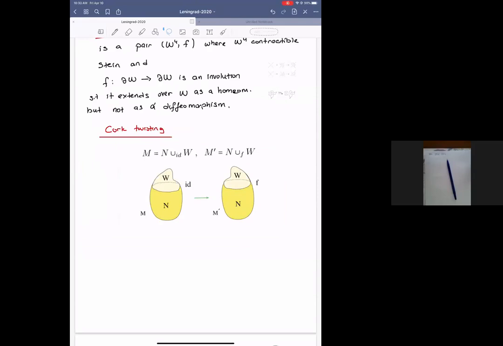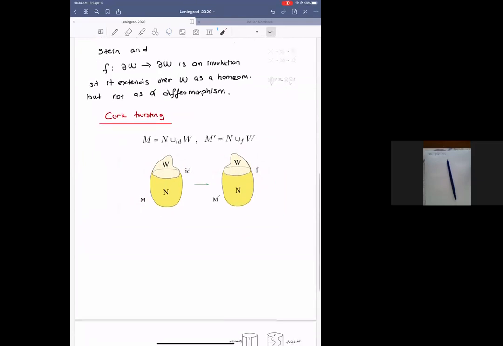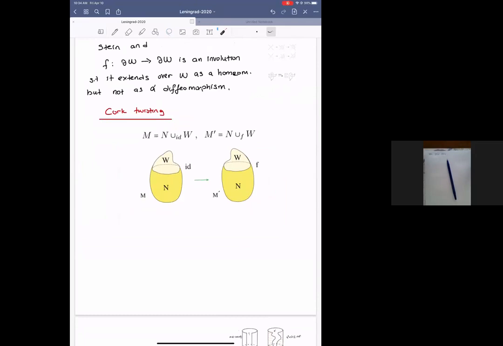So you find that contractible piece in your manifold M. This is your whole manifold, and you find this contractible piece inside. You remove this piece, and you glue it back by this non-trivial boundary diffeomorphism. This operation is called crop twisting, and there is a theorem.